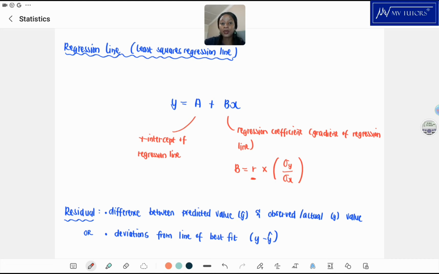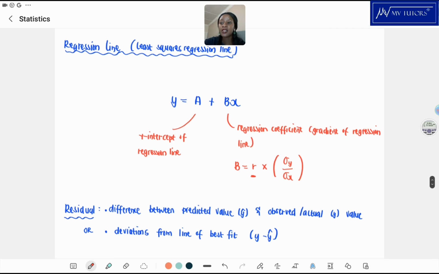So we get to a term now that we call the residual. So the residual is the difference between the predicted value and the observed value, okay? Or the deviations from the line of best fit.